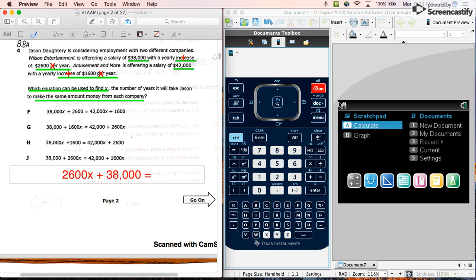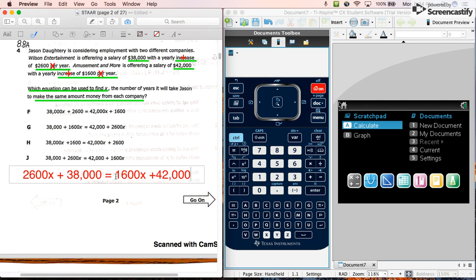And we want that to be equal to 1,600x plus $42,000.